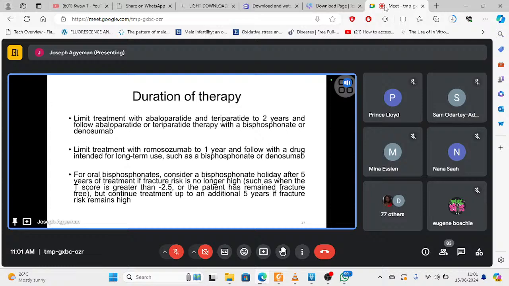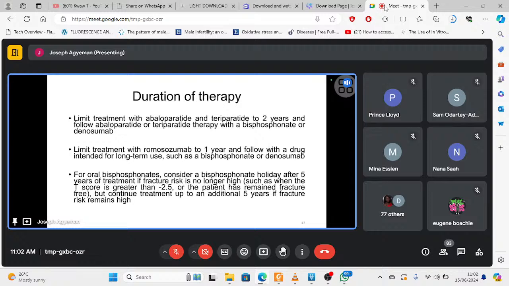Let's look at it. This depends on the success that you achieve and the type of medicine that you are using. So these 2 factors largely influence when to stop the treatment: your choice of agent and the positive outcome. Now, the guideline says that you are to limit treatment with abaloparatide and teriparatide, these 2 anabolic agents, to 2 years, and continue with any of the bisphosphonates or denosumab.